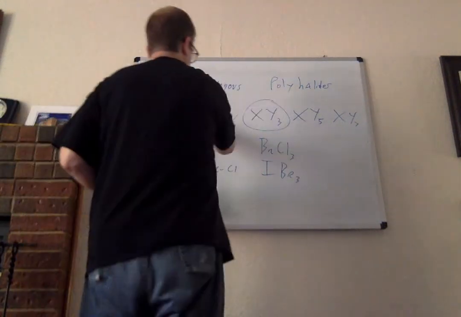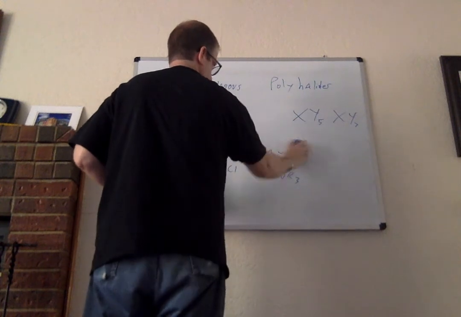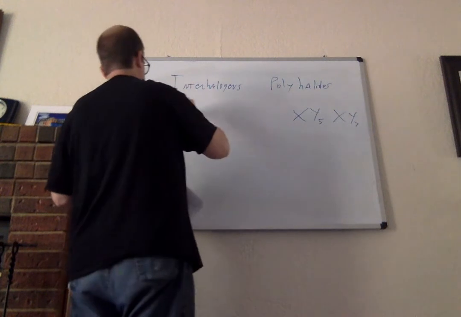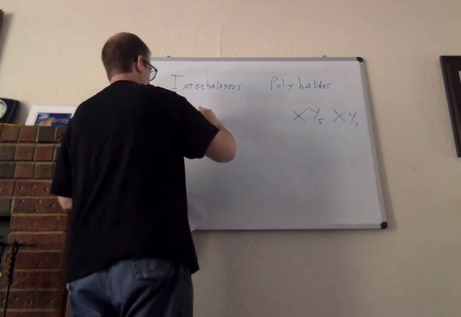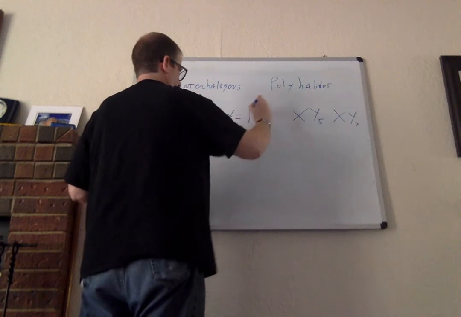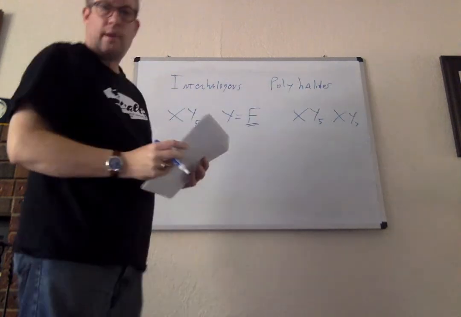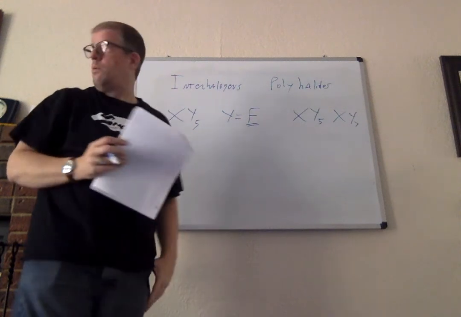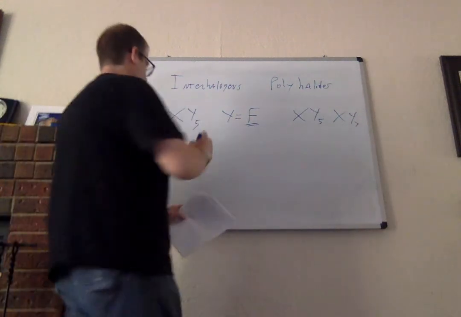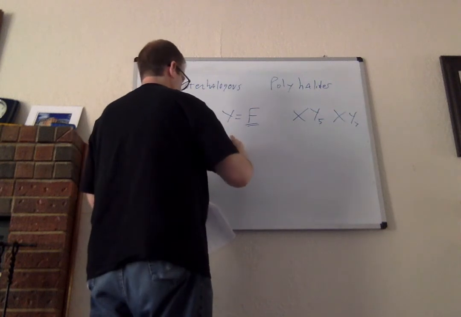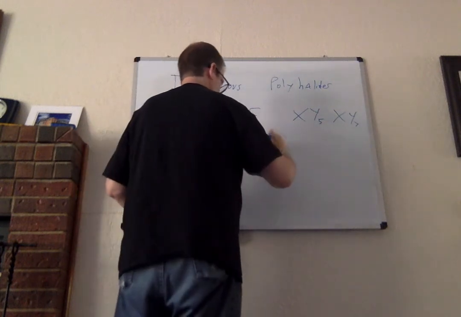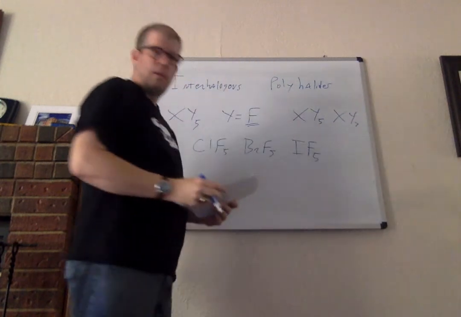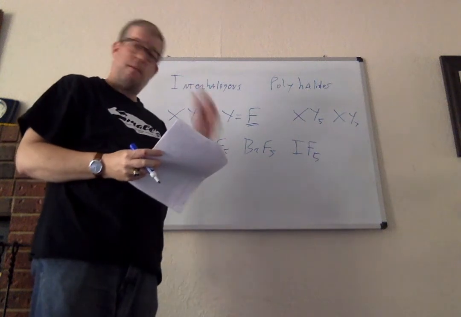If we go then to the next one over, these only exist if Y is fluorine. So there's only three possibilities as a result of that: chlorine pentafluoride, bromine pentafluoride, and iodine pentafluoride.